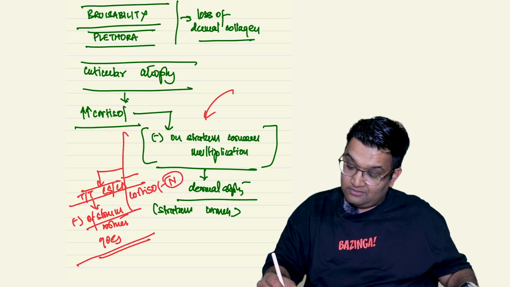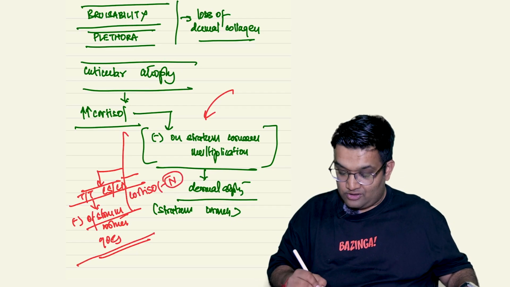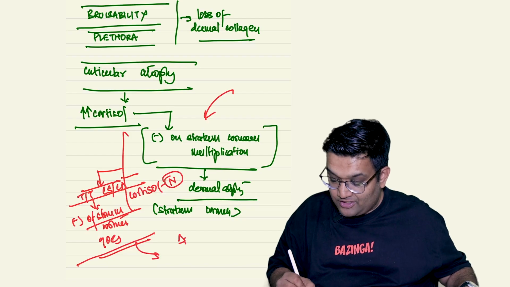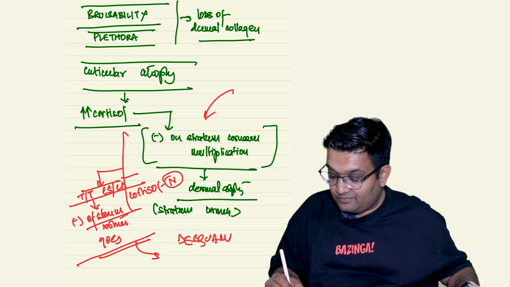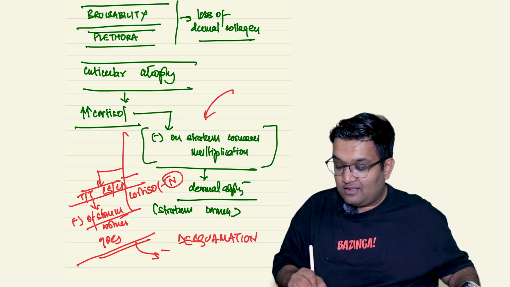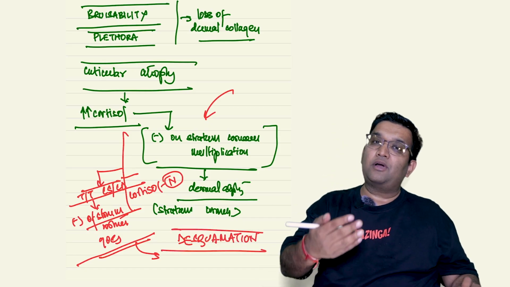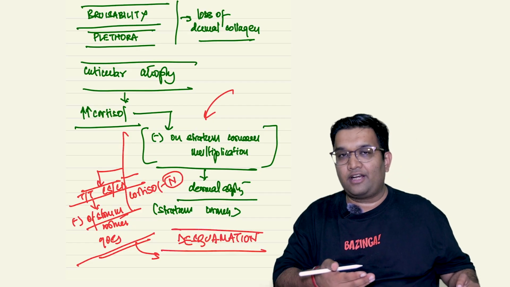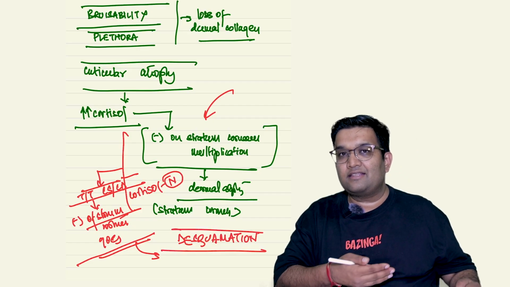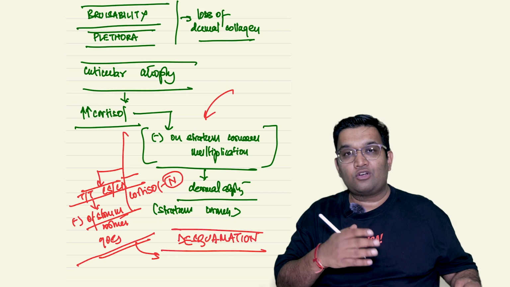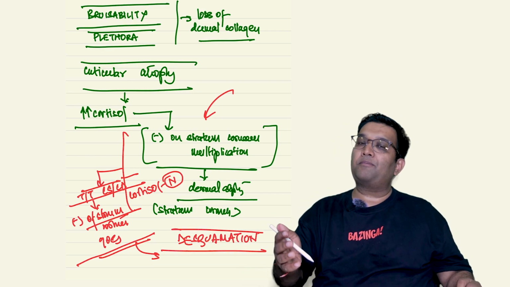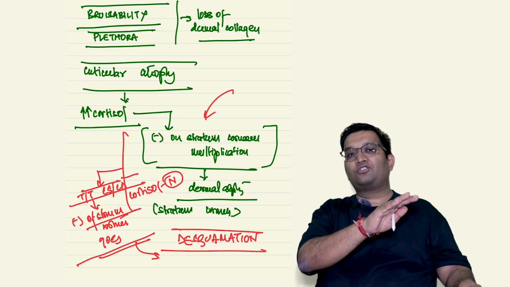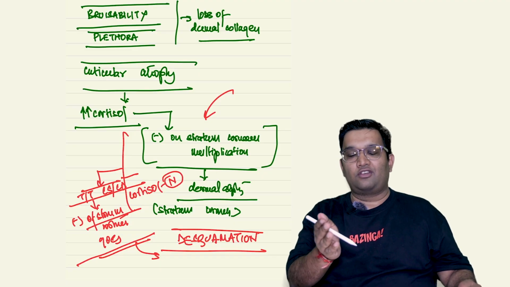So this multiplication inhibition goes and the patient goes into something which is known as desquamation. That is increase in the multiplication rate of stratum corneum that causes increase in the stratum corneum turnover, causing desquamation. So this is a clinical clue that the patient is going from hypercortisolism to eucortisolism.